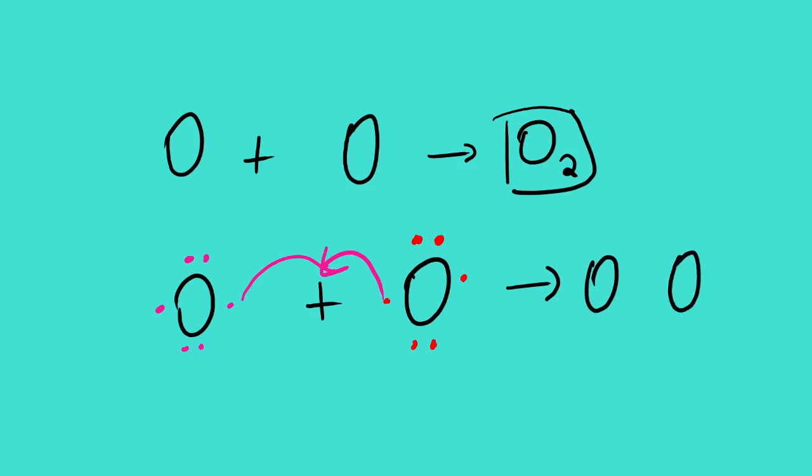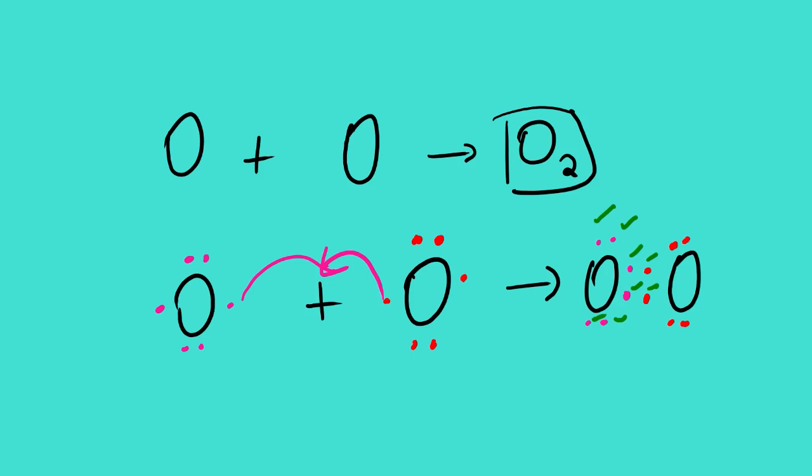In order for us to obtain 8 electrons, we need to bond the 2 with 2 electrons. So it's 2 electrons from each element. Now in this case we can see that the first oxygen has 1, 2, 3, 4, 5, 6, 7, 8.